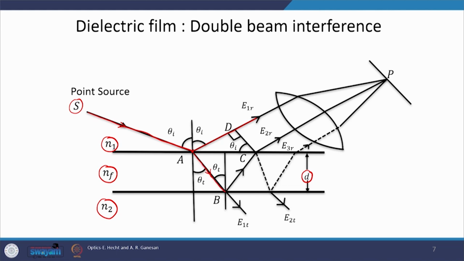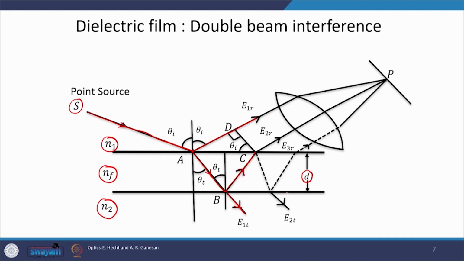This transmitted ray will again fall on the lower interface or the second interface of the film, and there again it suffers partial reflection and partial transmission. This is the transmitted wave and this is the reflected ray.